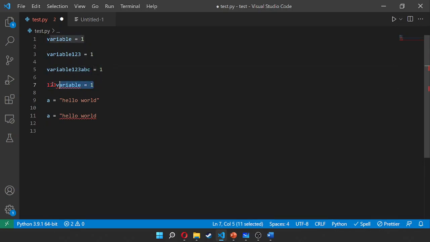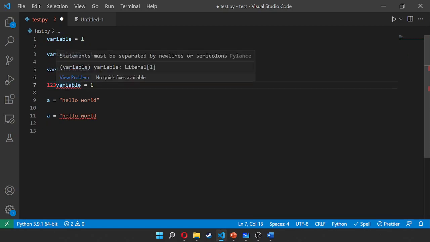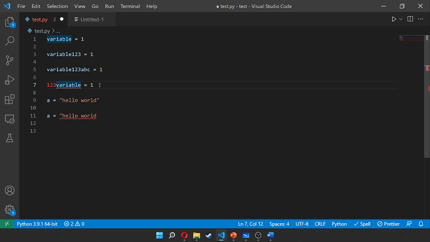And then next dire nag red underline si Python, like invalid daw kuno ang variable name nato, like dili pwede nga mag-start og numbers ang variable name sa Python.